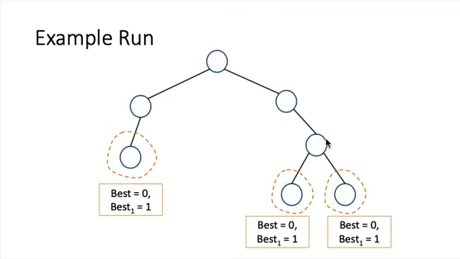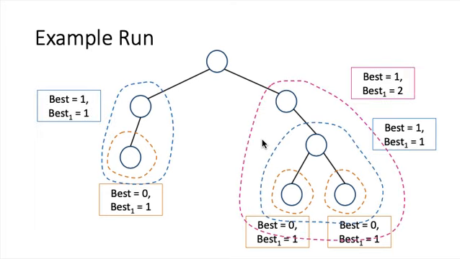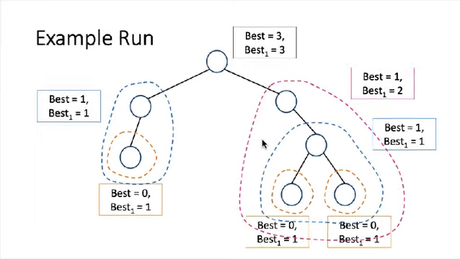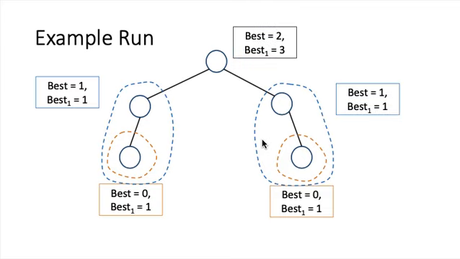So we now know the value of this one. When we have the value of this one, we go back, and we have the value of this one. At this moment, we have the value of this subtree and of this subtree, which allows us to compute the value of the root node. So by doing a depth first search traversal, we will be able to compute the corresponding best and best one values one by one at the time when the node is last visited.